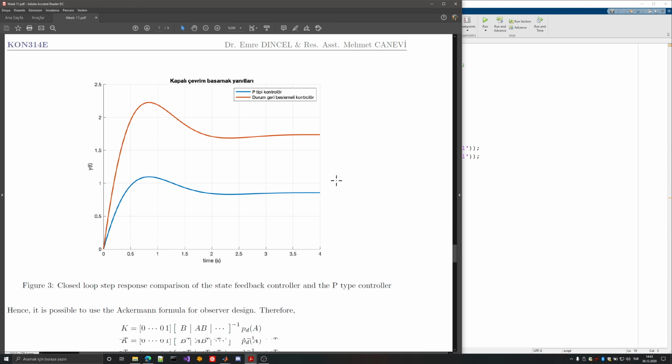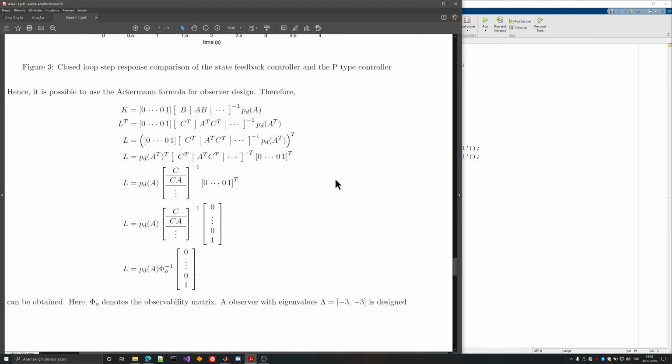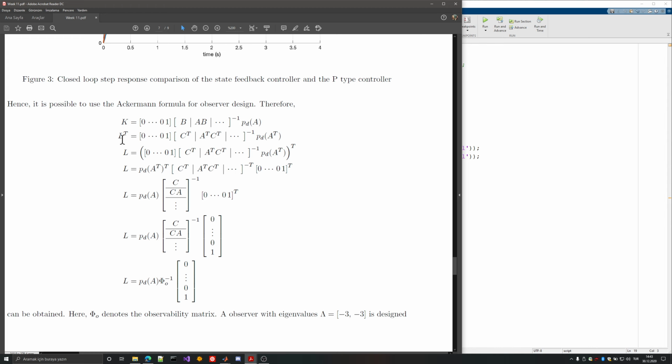Now, it is known that the design of an observer and the design of a state feedback controller are dual. What we mean by dual is that by taking the transpose here, you will get the same problem formulation.